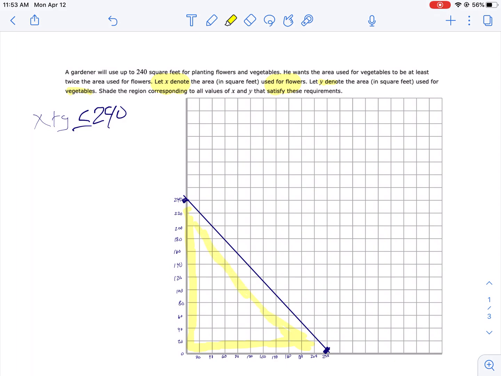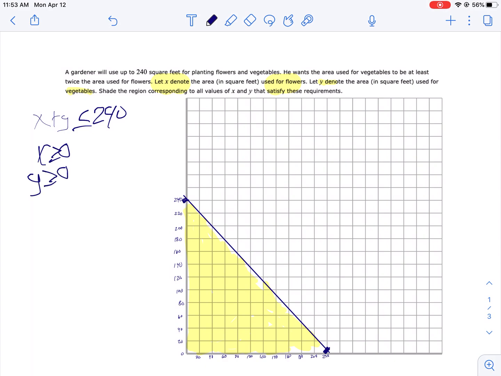Probably have to graph X is greater than 0 and Y is greater than 0, because you can't plant anything with a negative area. So I should say X is greater than or equal to 0, Y is greater than or equal to 0.